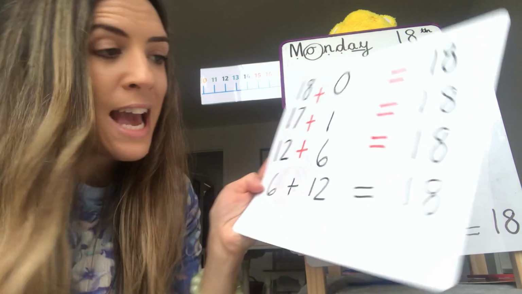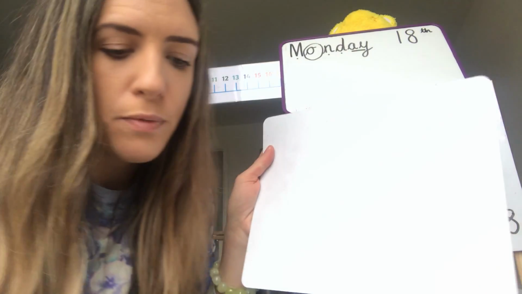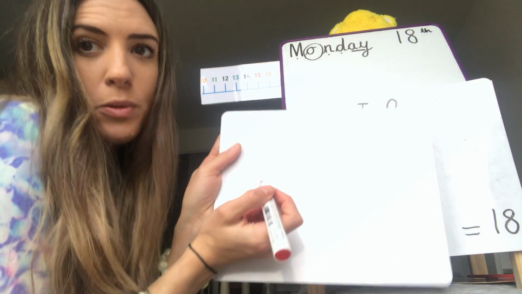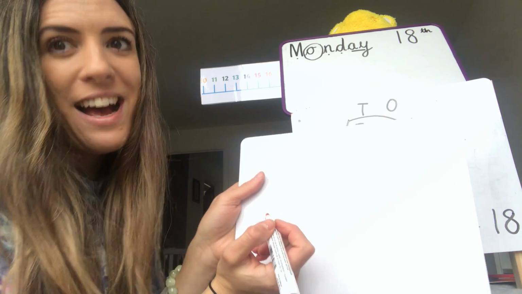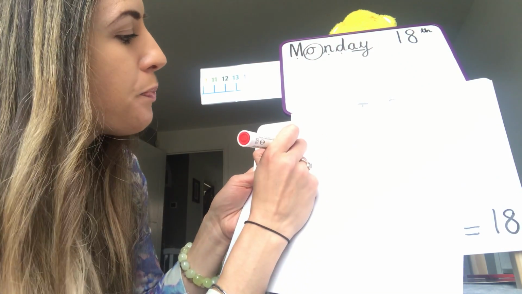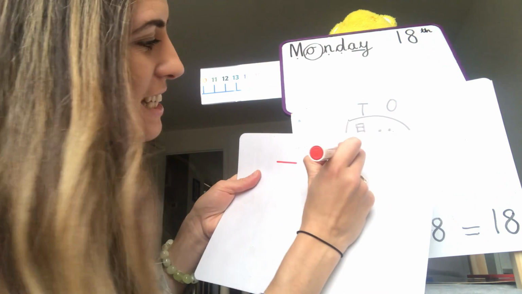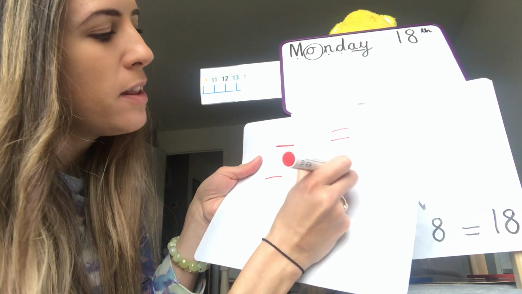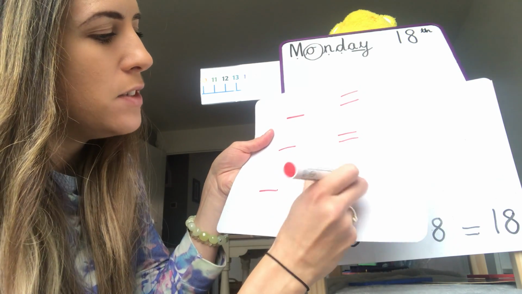Good. So how many different ways can you make 18? I want you to see how many number sentences you can record. Now, we're also thinking of subtraction, aren't we? Because we've got to be so good in year 1, ready for year 2, at doing our addition and our subtraction. So, how can you make 18 by taking 2 numbers away? Can we think of some different ways of doing it?